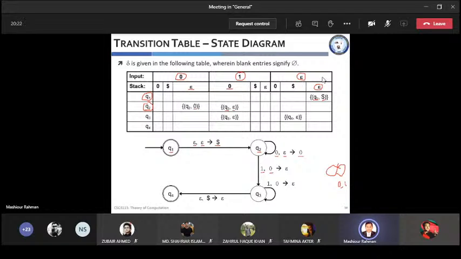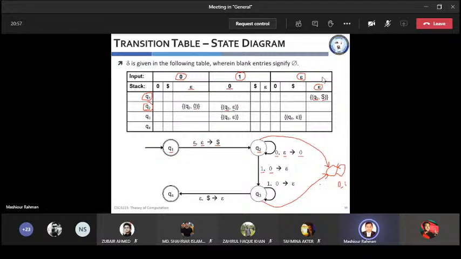From each and every state, there is a transition to this dead state, which says that if anything other than the transition that Q3 represents happens, you go to this dead state. For example, in Q3 we are looking for 1, but unfortunately the input is 0. That means if anything other than 1, take this path and go to the dead state.